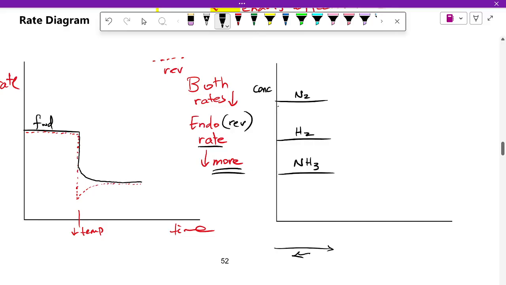So we should be making NH3, and N2 plus 3H2 to NH3 plus kilojoules. So our N2 is going to go down because it's being used up faster than it is being produced.